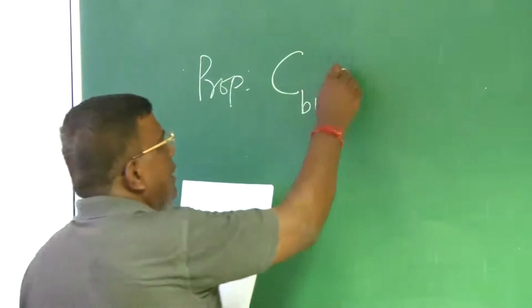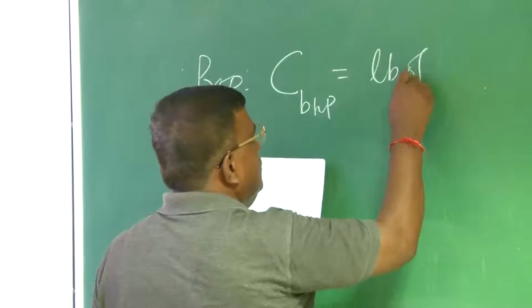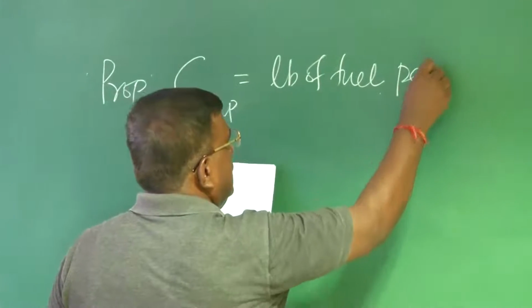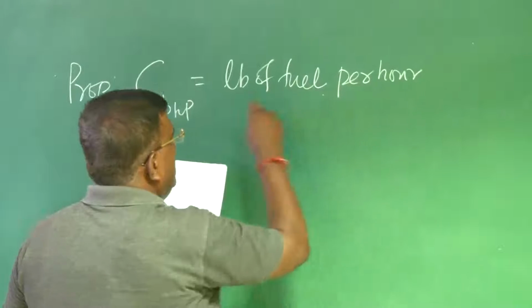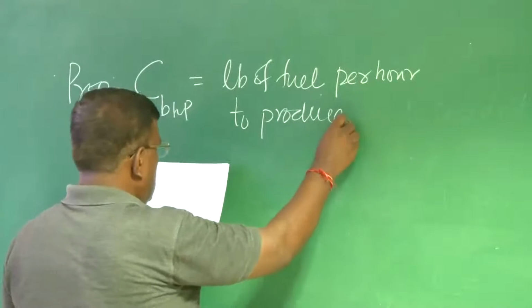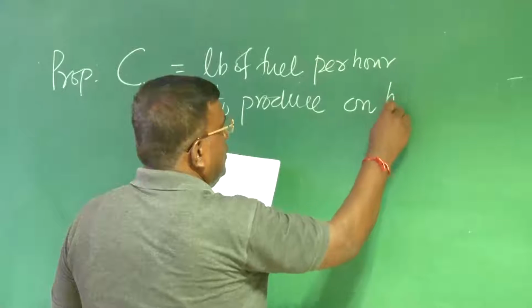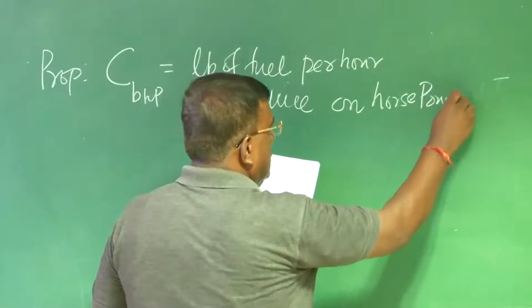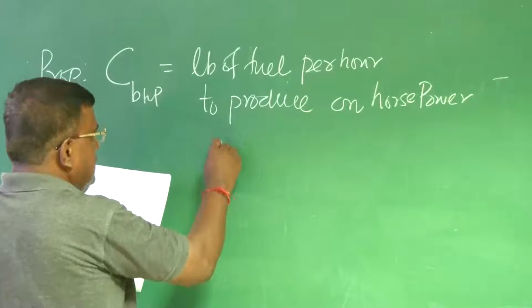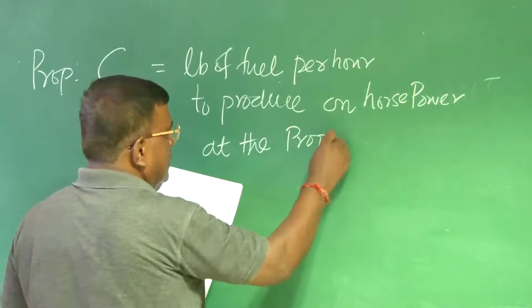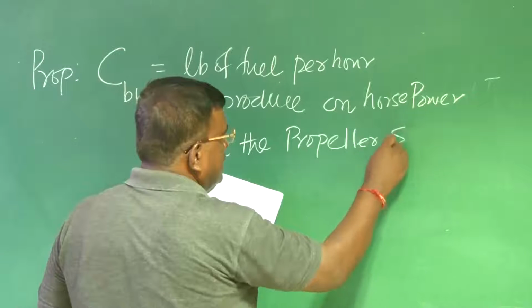This is defined as pounds of fuel per hour to produce 1 horsepower at the propeller shaft. This is important, at the propeller shaft.